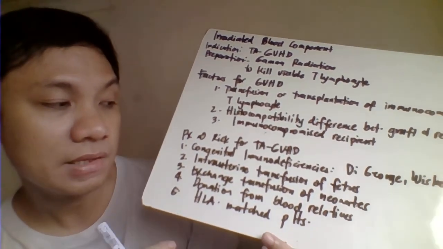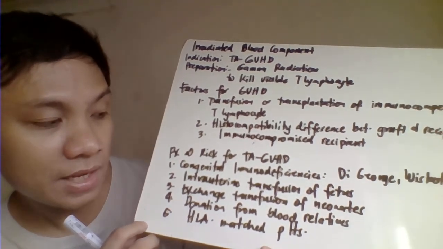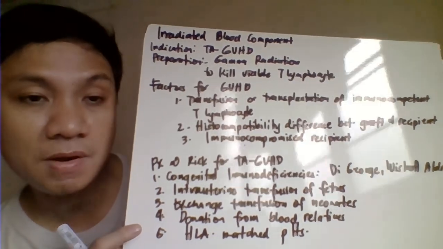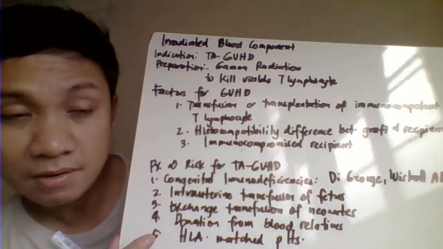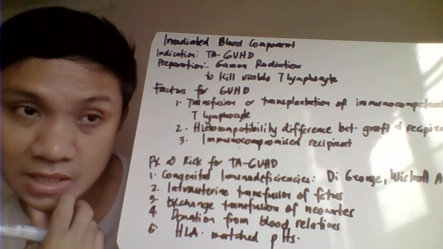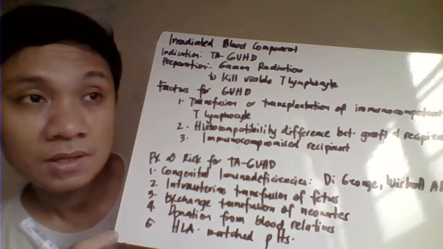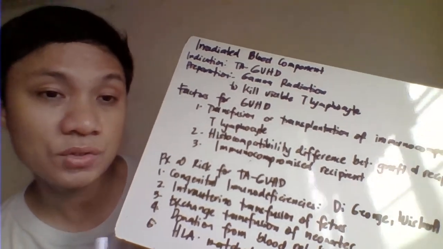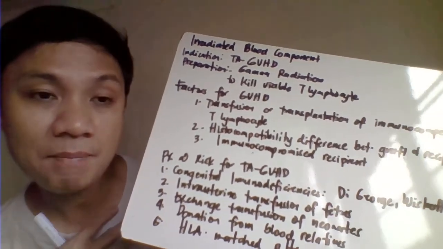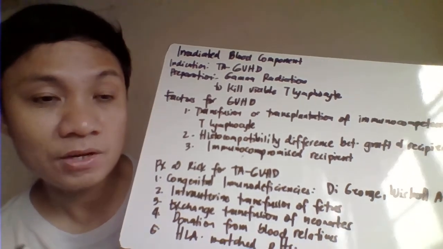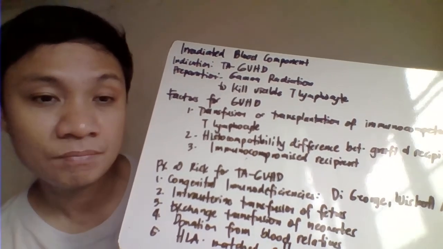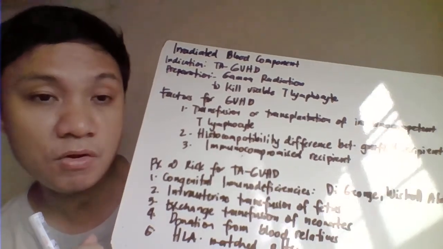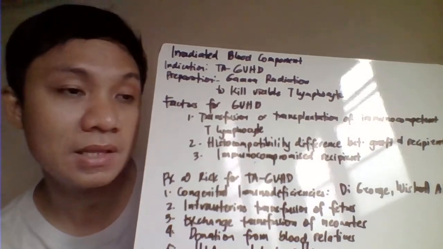Another one, intrauterine transfusion of the fetus, exchange transfusion of neonates, and another one would be donation from your blood relatives. With blood relatives, it will cause transfusion-associated graft versus host disease because, since you are relatives, one haplotype of HLA is usually matched with your recipient. Normally, when you transfuse blood, if the host immune system is very active, it tends to destroy the immunocompetent T lymphocytes coming from the transplanted tissue.